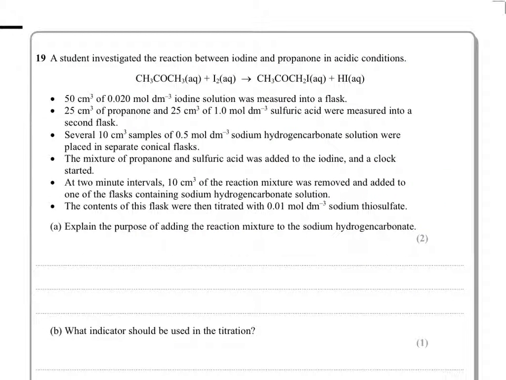This question is referring to titrimetric analysis, where you use titrations to analyse the concentration of the reaction mixture at certain points. By reacting with sodium hydrogen carbonate, you neutralise the acid catalyst and effectively stop the reaction. They'll sometimes say it quenches the reaction.